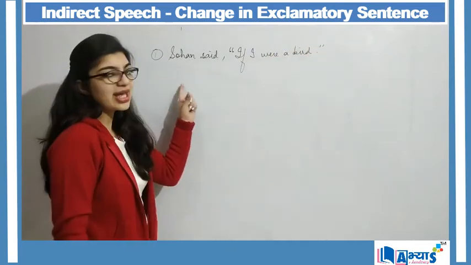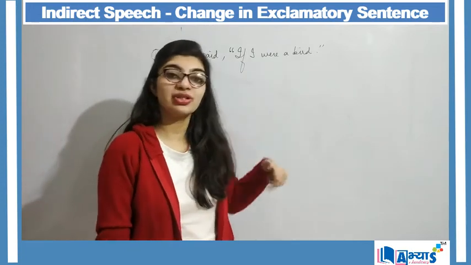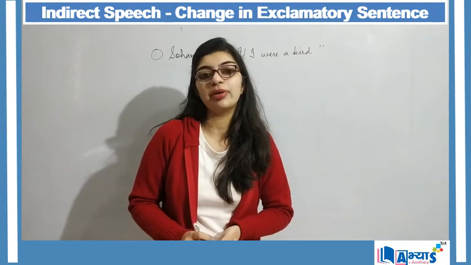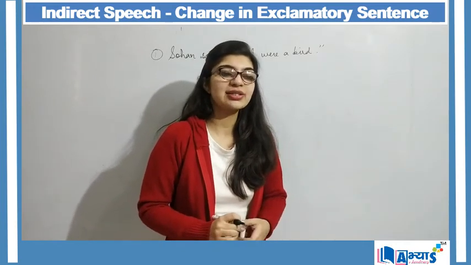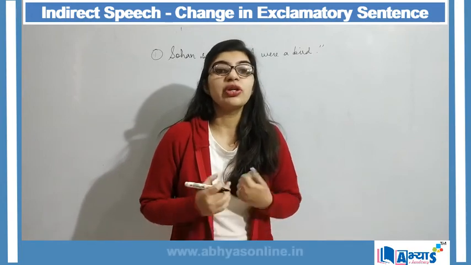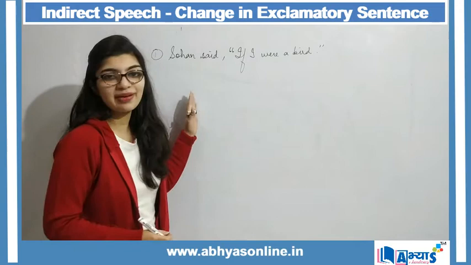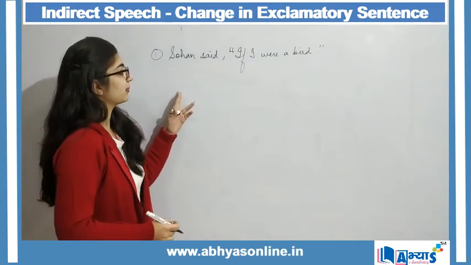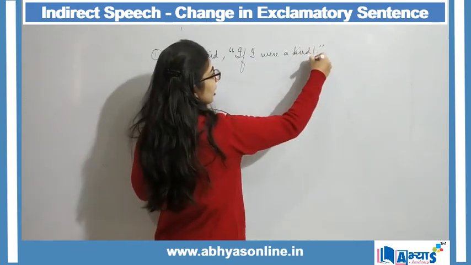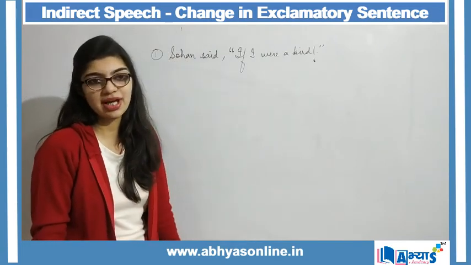Now Sohan said, if I were a bird, means that someone is imagining that if he was a bird, or I can say that someone was wishing that he wished to be a bird, right? So now this is a direct sentence with an exclamation.